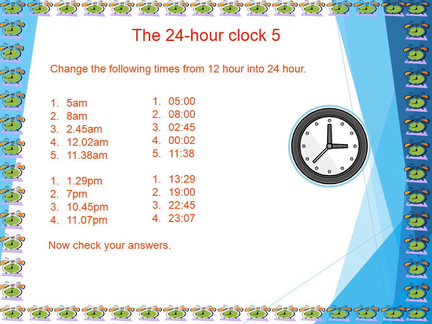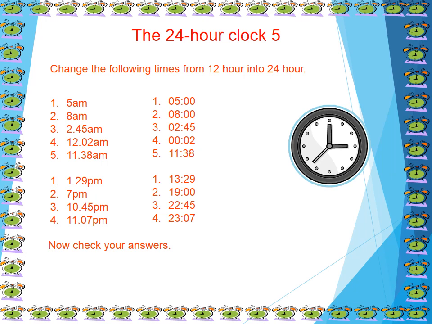Yes, 5 a.m. is the same, 5. 8 a.m. is the same, 8. 2:45 a.m. is the same, 2:45. 12:02 a.m. is 00:02. 11:38 a.m. is 11:38, the same. While in the second group we have 1:29 p.m. That means 13:29.